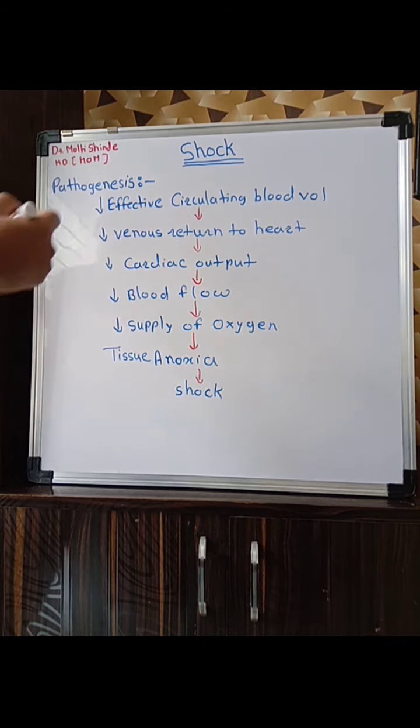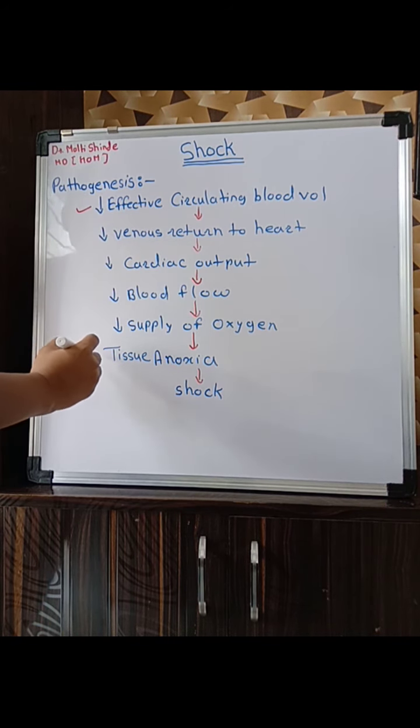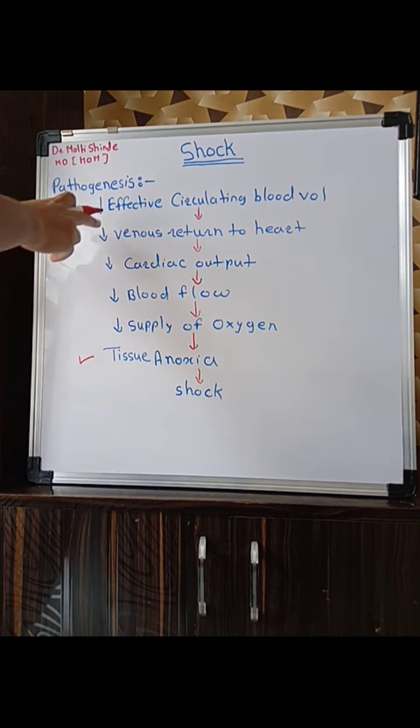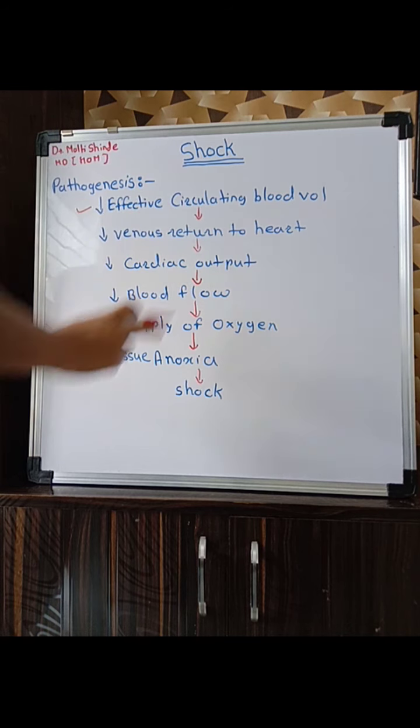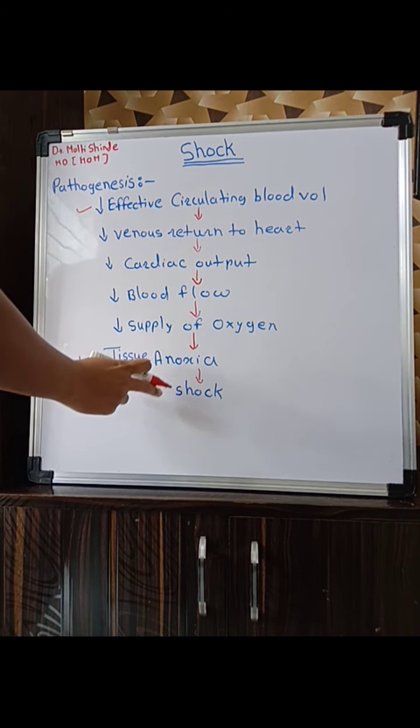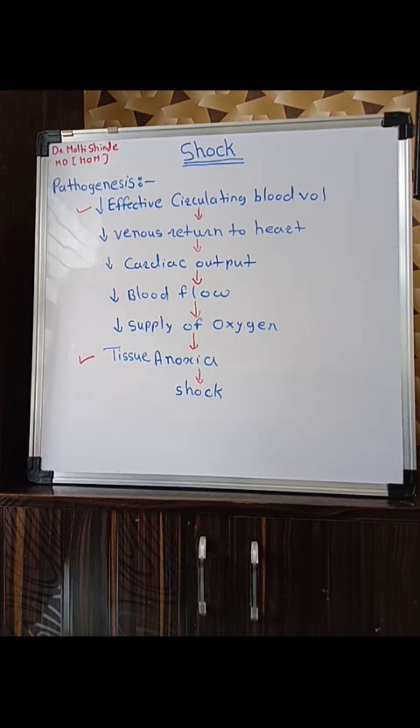These are the two important factors in the pathogenesis of shock: the decrease in effective circulating blood volume results in tissue anoxia, and that leads to the condition that we call shock.